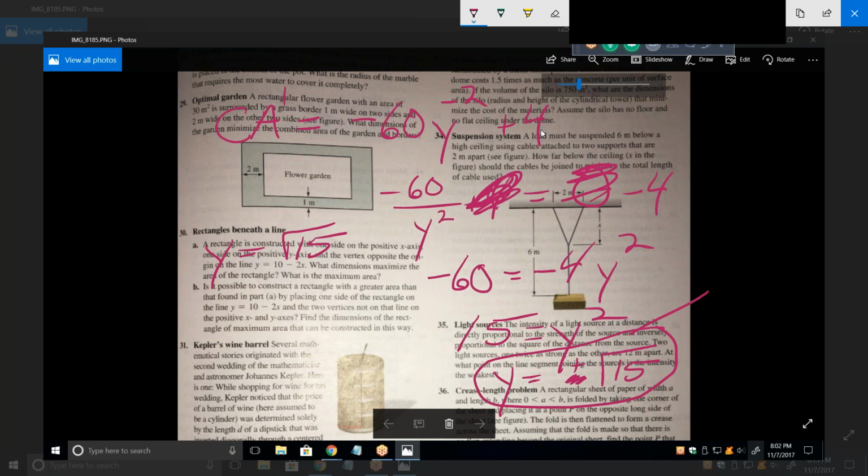For some reason, they're trying to minimize that entire area, which I find a little puzzling, because usually when you minimize an area, I guess given the area of the garden is fixed, it's 30 square meters, then maybe their question makes sense. So y equals square root of 15. Have any idea on how to figure out if that's a minimum or a maximum?